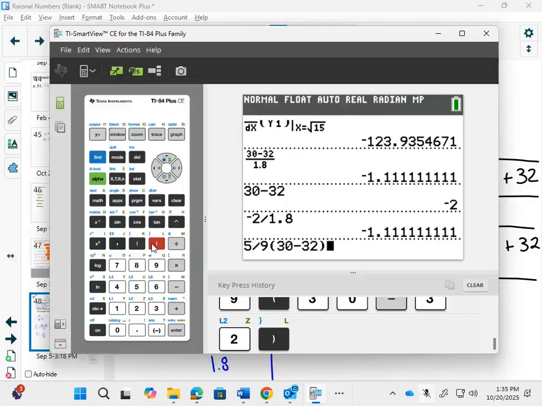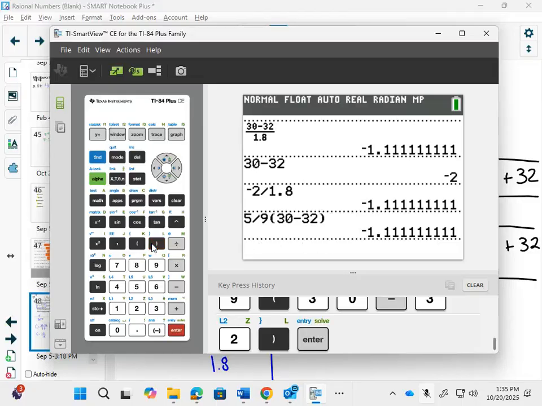Excellent. Did you get it? When you push enter on your calculator, you should get that negative 1.1. Brody, do you have your own calculator? Is it degrees that you always want to be in? It doesn't matter for this question.